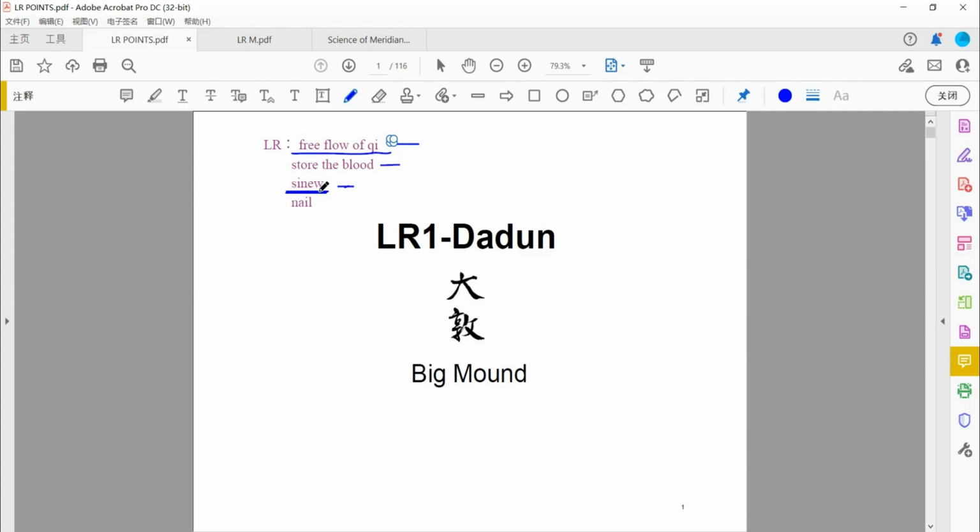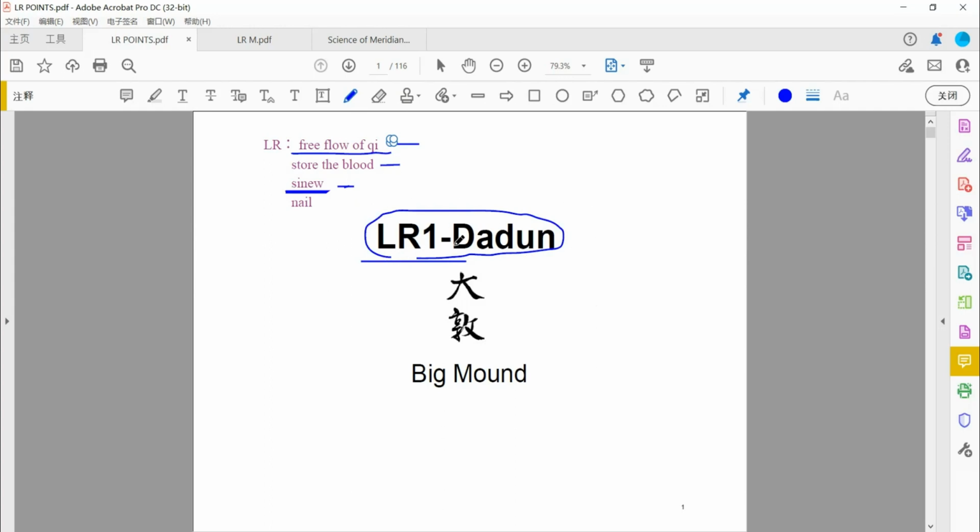And the sinews: we should have enough liver blood to nourish the sinews, so the sinews can be strong. So when we know the functions of the liver, it will be easier for us to know the actions or indications of the liver points.